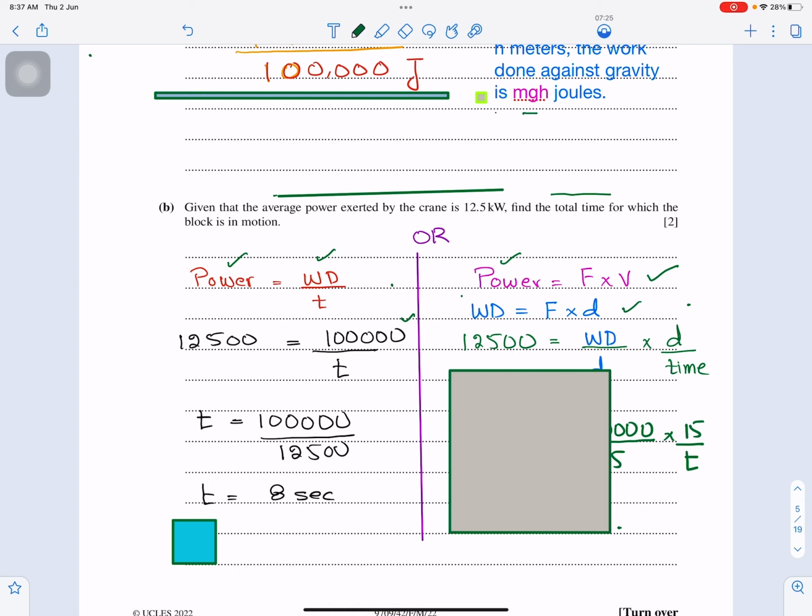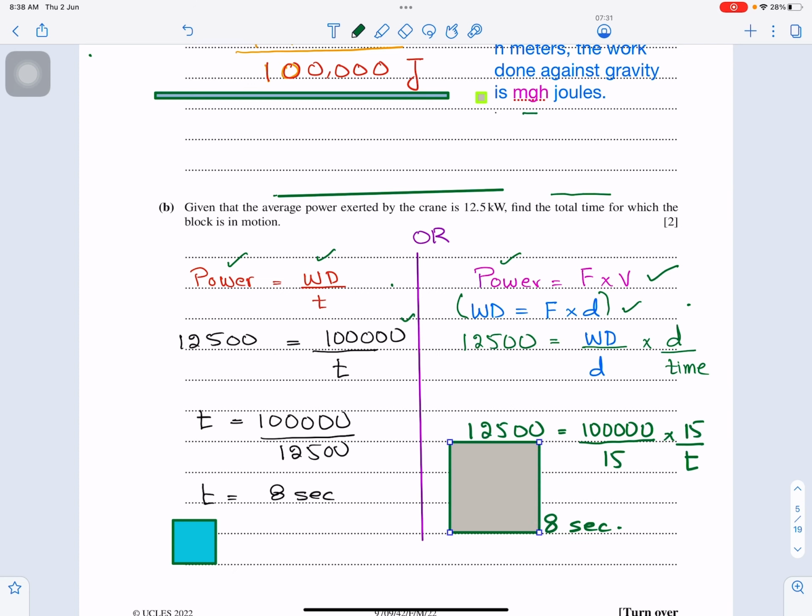Force you can calculate from here: force is equal to work done divided by time. And you already know that velocity is equal to displacement divided by time. So this is how we are replacing velocity by displacement divided by time, and force is equal to work done divided by time. After that you just substitute the values here. Work done is 100,000, displacement is 15 meter, and time you have to calculate.